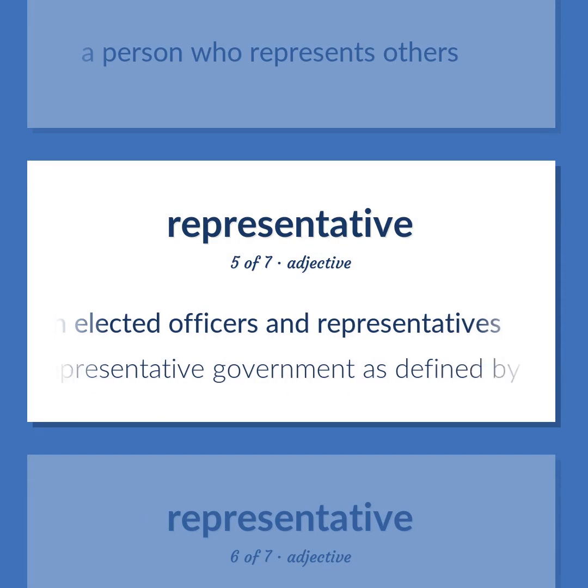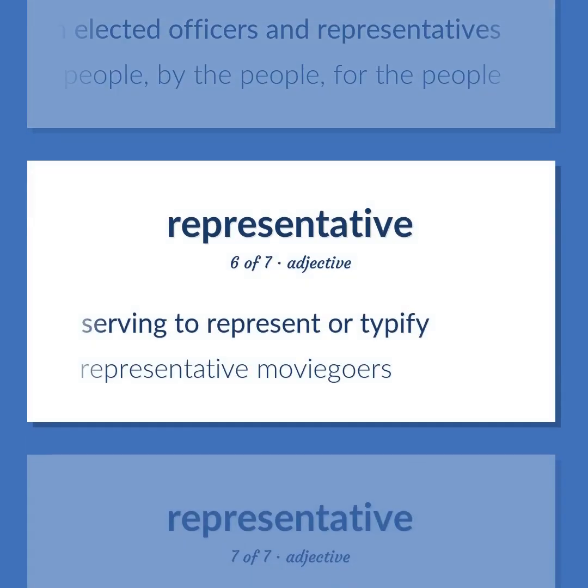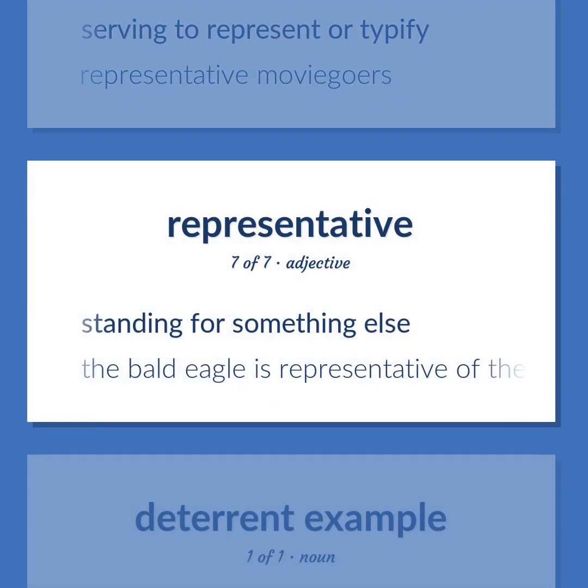Representative government is defined by Abraham Lincoln as government of the people, by the people, for the people. Serving to represent or typify. Representative moviegoers. Standing for something else. The bald eagle is representative of the United States.